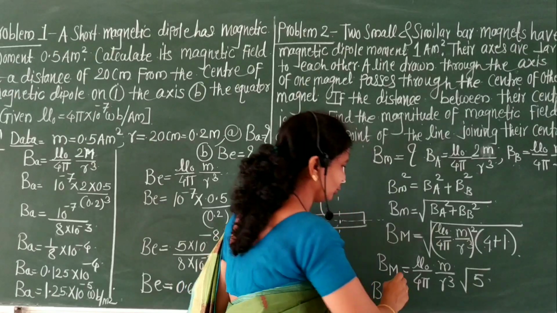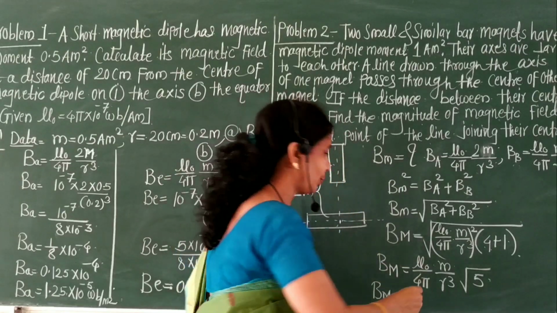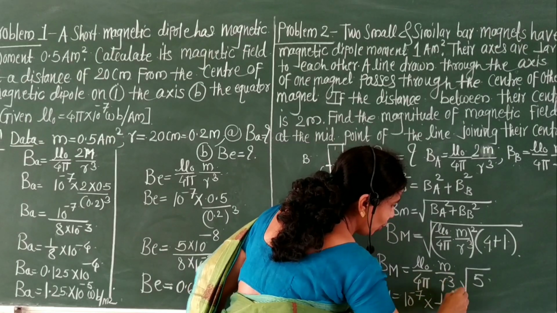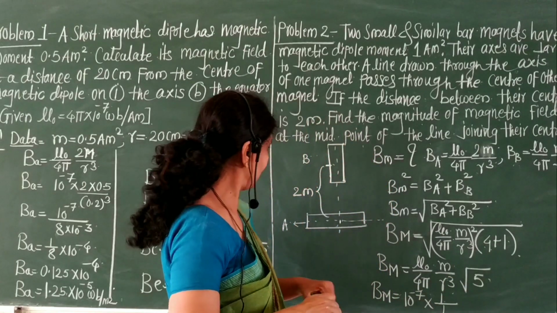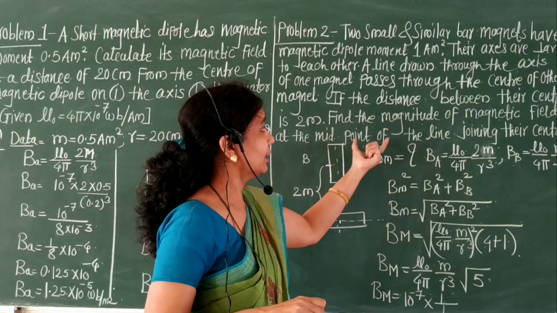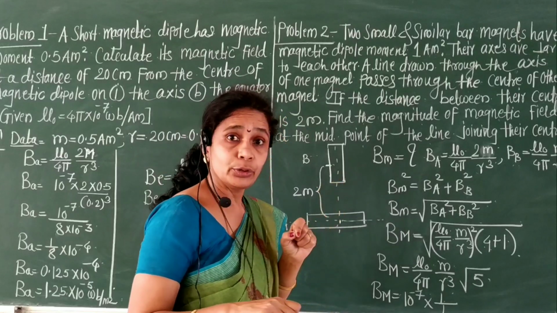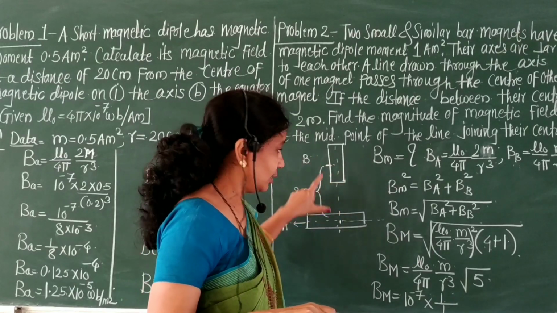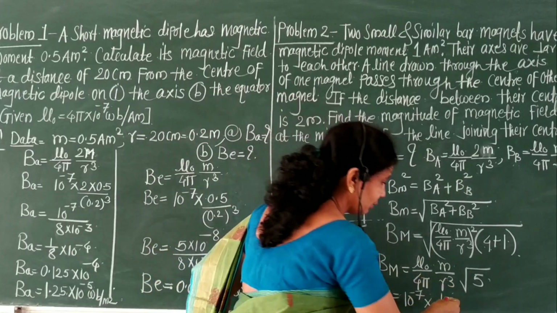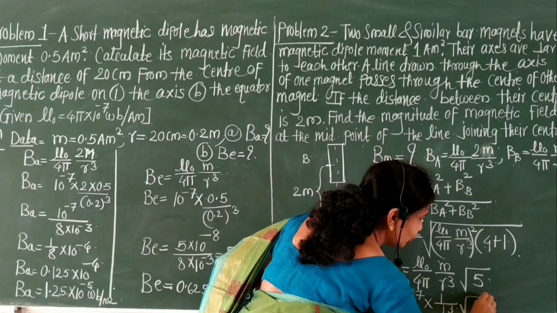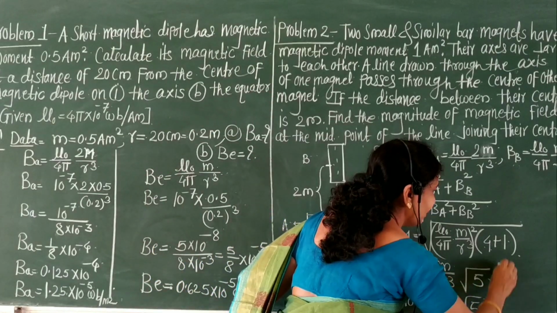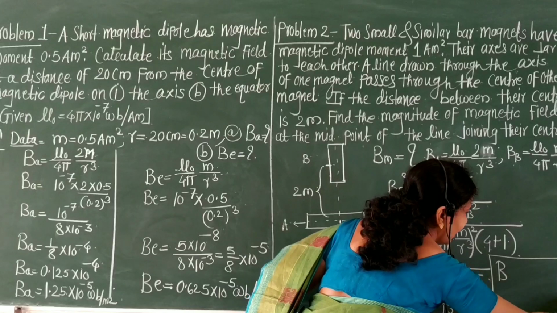Then put the substitution. BM is equal to mu naught upon 4 pi is 10 raised to minus 7 into 1 upon this R cube. Okay, R cube. We have to find out the magnitude of magnetic field at the midpoint of the line joining the two centers. This center length is 2 meter. Therefore R is here 1 meter. Therefore it is 1 cube root 5. Therefore what is the answer? BM, here I am writing the answer.